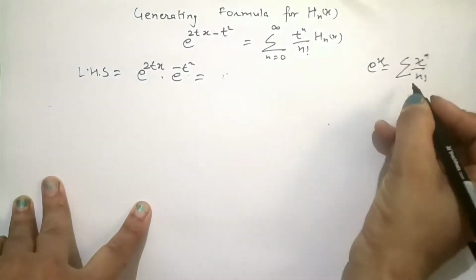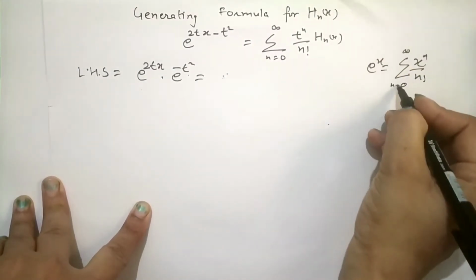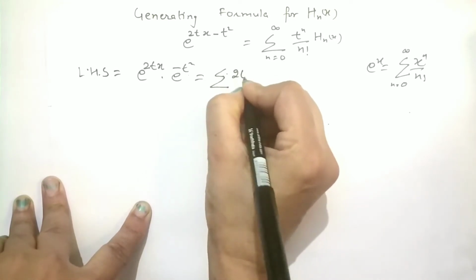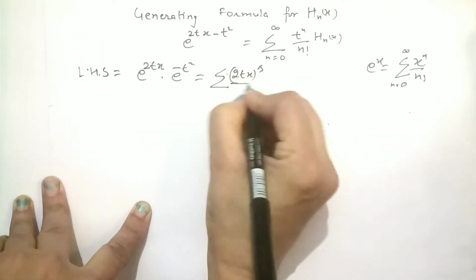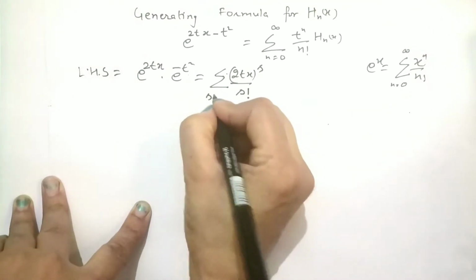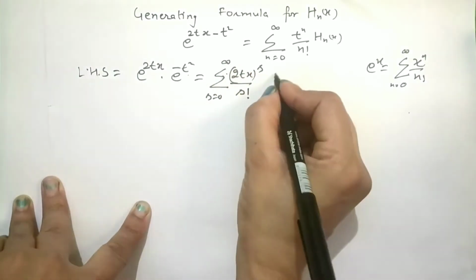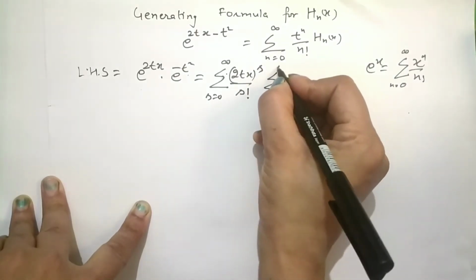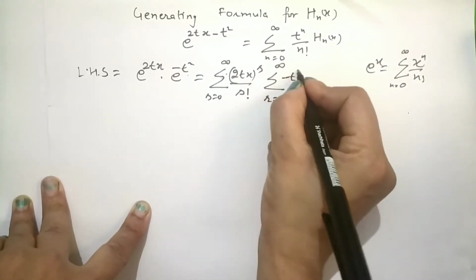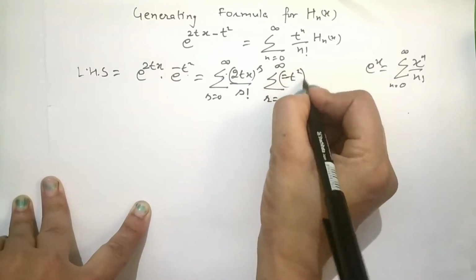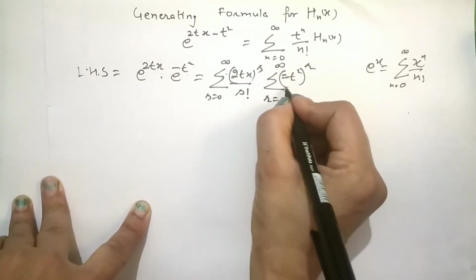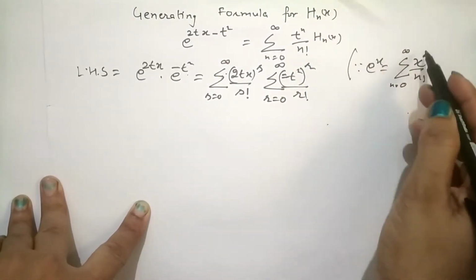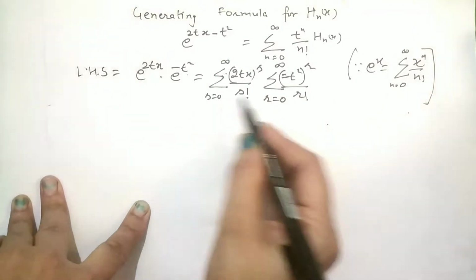So here also, if this is expanded, we get summation of 2tx raised to power s upon s factorial, where s varies from 0 to infinity. In the next one, again we expand the summation, letting r be the variable, r varying from 0 to infinity, minus t² raised to power r upon r factorial. We use this exponential formula and put it here.